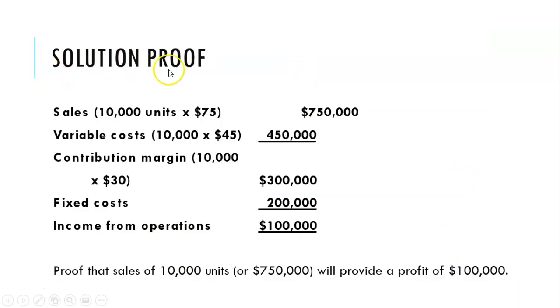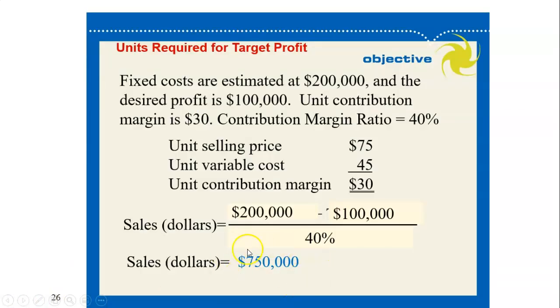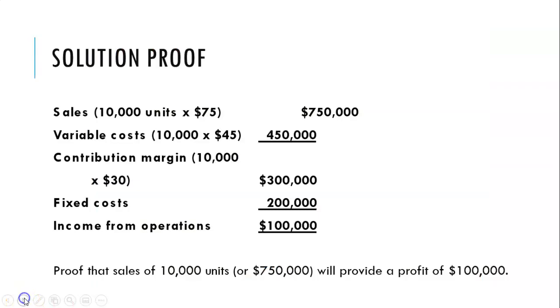And here's our proof, okay? If we use the 10,000 units we said we need to sell times $75, our sales price per unit, that's 750,000. That also equals our sales dollars that we had calculated. Okay, we subtract out our variable cost, 10,000 units times $45 variable cost per unit is 450,000. 750,000 minus 450,000 is 300,000, our contribution margin.